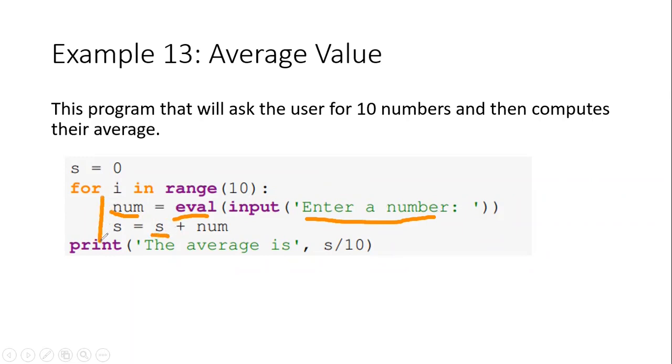Therefore, in this case, the user will enter 10 numbers and the 10 numbers will be added and saved as s. And when s is divided by 10, you can get the average value of the numbers you have entered. This program is to calculate the total of the numbers you have entered and calculate the average of those numbers. That's the purpose. Is it clear?